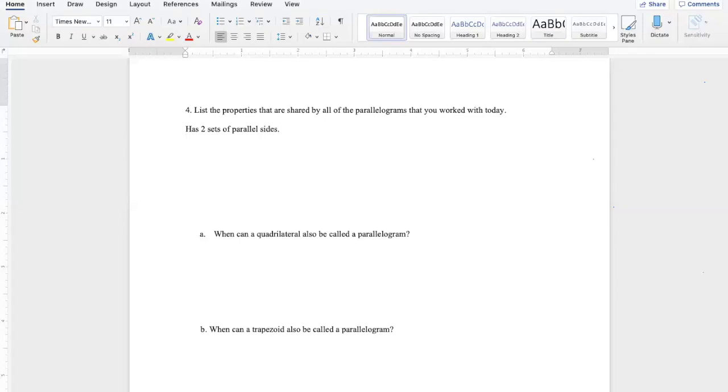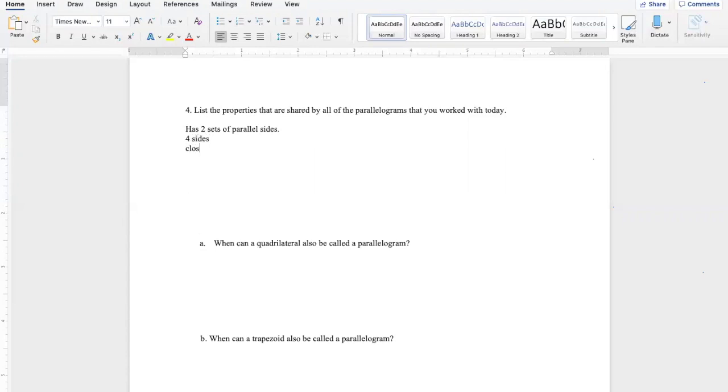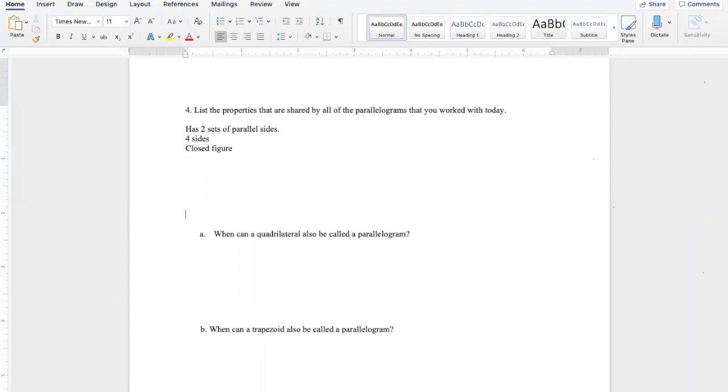If we work backwards and it was a trapezoid, it has to have at least one set of parallel sides. We know also that it has to have 4 sides, and it has to be a closed figure. That's what makes a parallelogram a parallelogram.